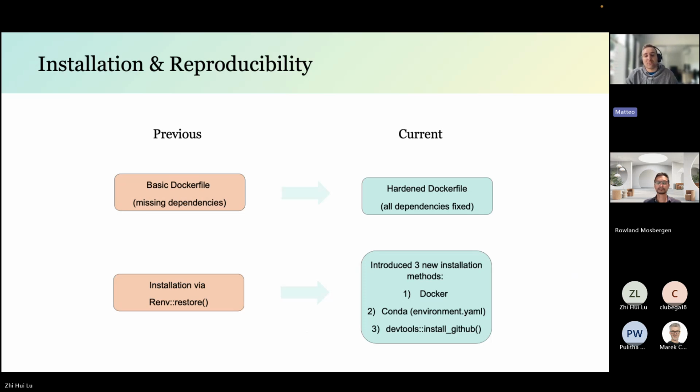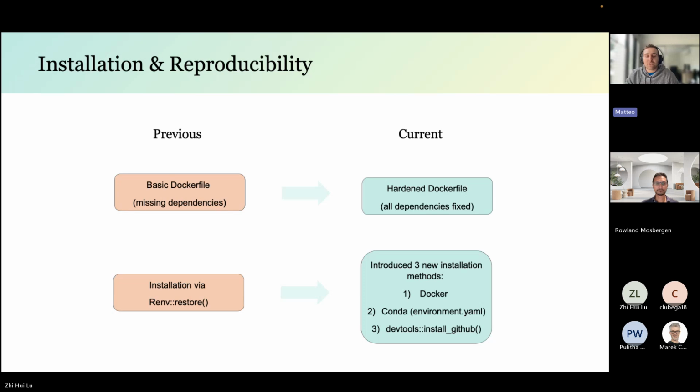So that's why we introduced another installation method through devtools, which basically takes the whole repo and converts it into a package and lets the user install it as if it was a normal package. And it lets R decide which packages to use, which versions of the packages to use based on the current R version of the user.